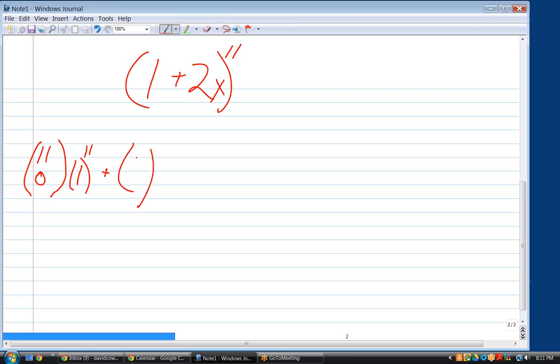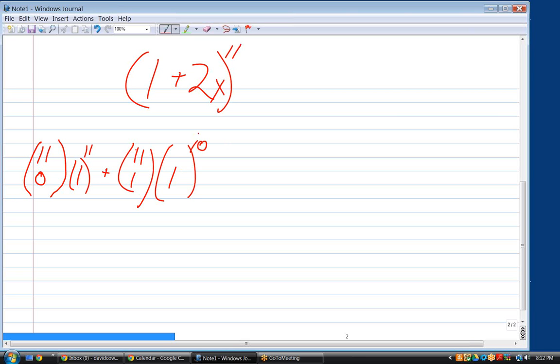The second term, what goes here? 11 choose 1. In other words, r is going to count from 0 up to 11, basically. And what else goes here? It's 1 to the 10th. To n minus 1, yeah.